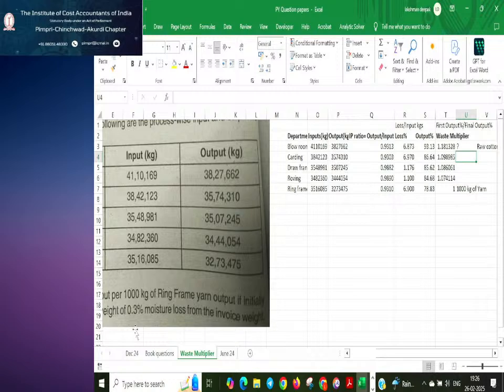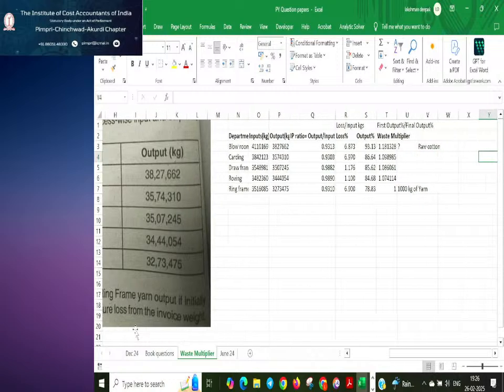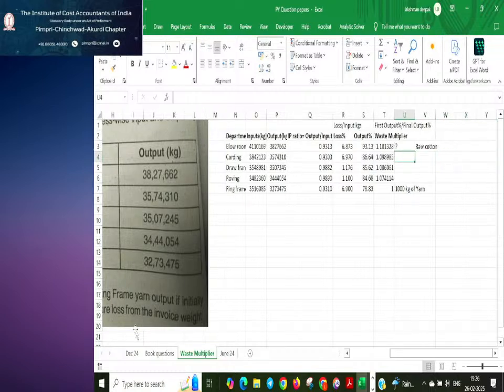So how are we going to calculate? It is 1000 kgs, and the waste multiplier is 1.8138, right? Yeah, 1000 kgs is my output. My waste multiplier will be 1 divided by 0.997.